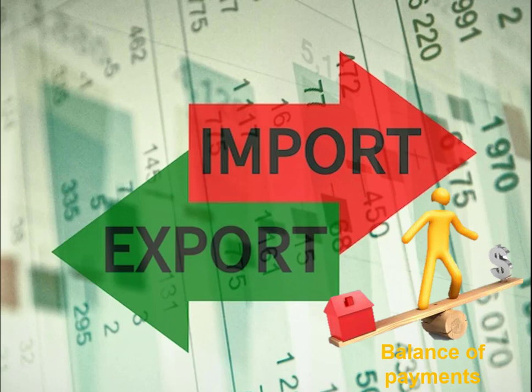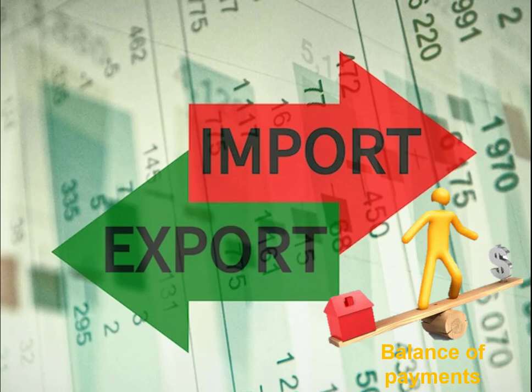Now, understand what a trade deficit is. A nation's balance of payments is the total flow of money into the country minus the total flow of money out of that country over some period of time. The balance of payments is thus a much broader concept than the balance of trade.